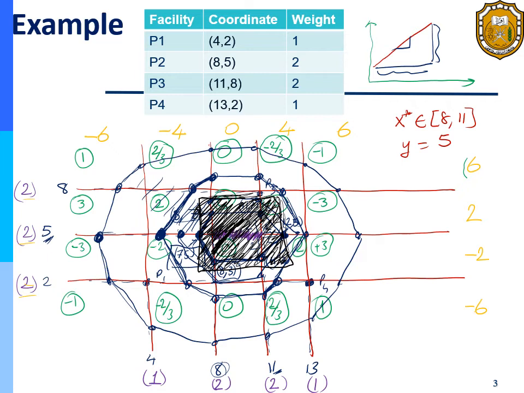So for example, in this example, if this contour line over here is out of the restricted area, then your optimal location will be this one. Otherwise, if it is in the region, then this intersection over here will be your next best alternative. Okay? Like this, you can identify the coordinate of the next best solution. This is the procedure.